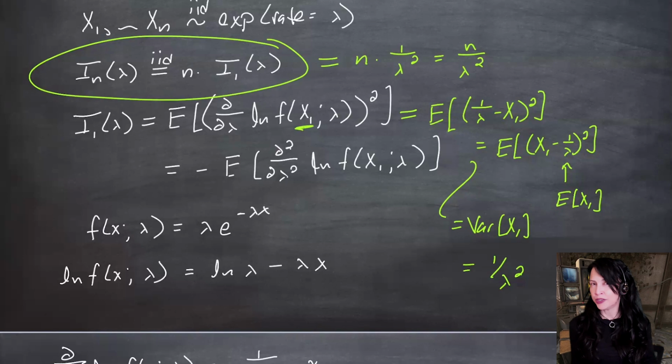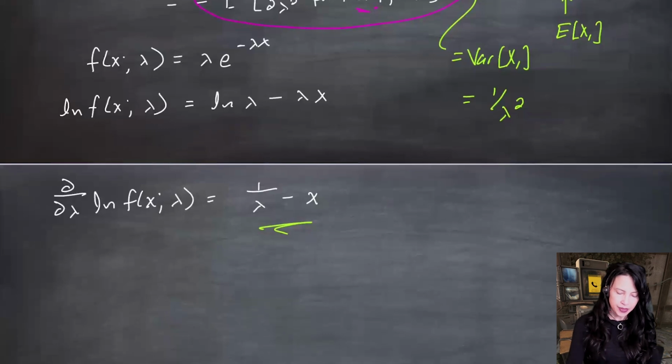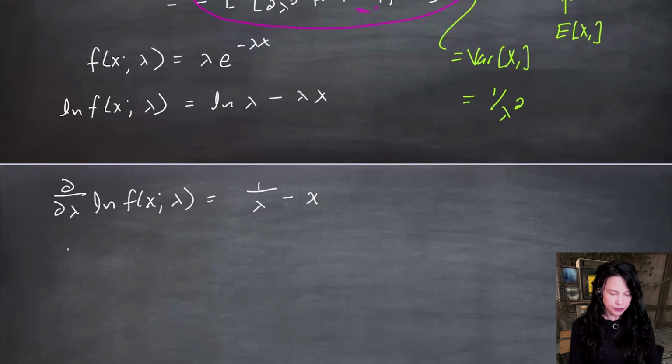And it was a lot easier dealing with just a one-dimensional random variable. But this will get even easier still if we instead go with this version for the one-dimensional Fisher information. Because down here at the bottom of the board, I have the first derivative. So now I'm going to take the second derivative with respect to lambda.